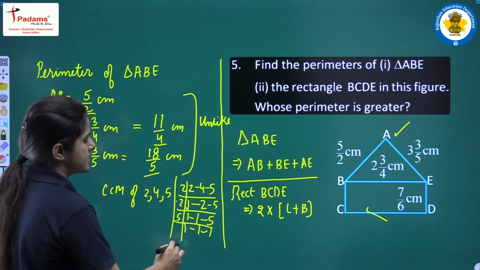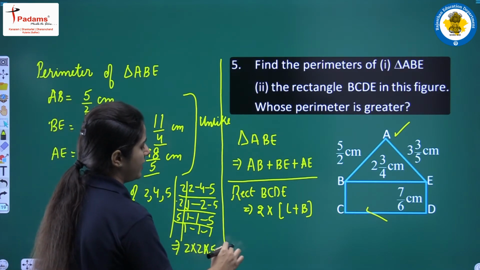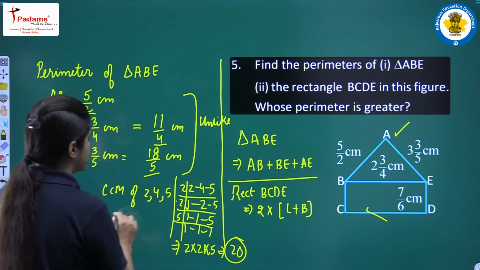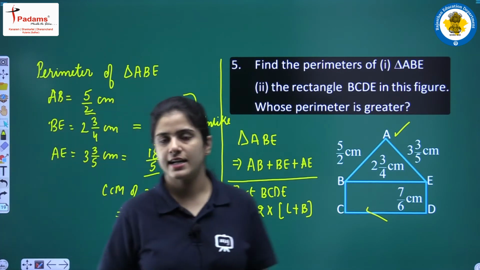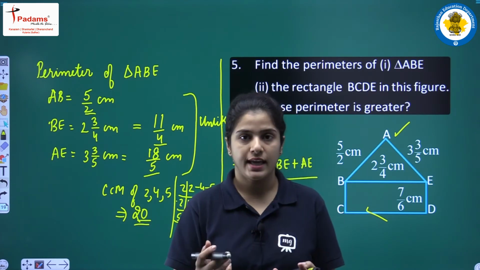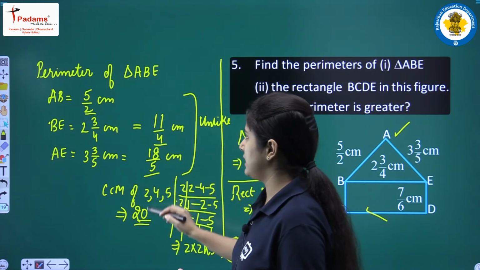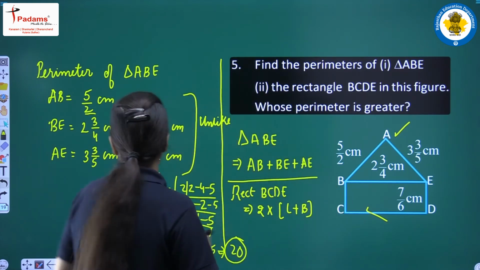So the LCM is equal to 2 into 2 into 5, that means 20. The LCM of these 3 is equal to 20. So we need to make the denominator of all these 3 equal to 20. Alright, so let's do that.